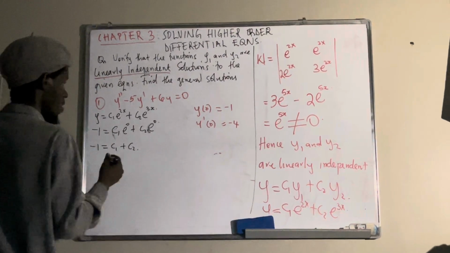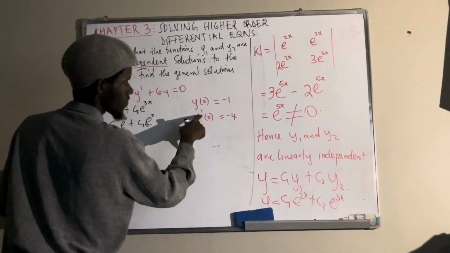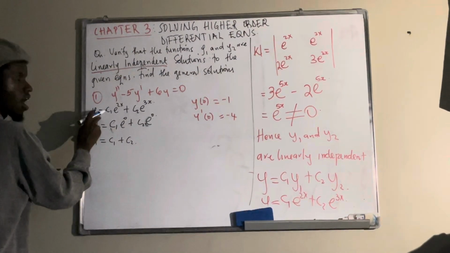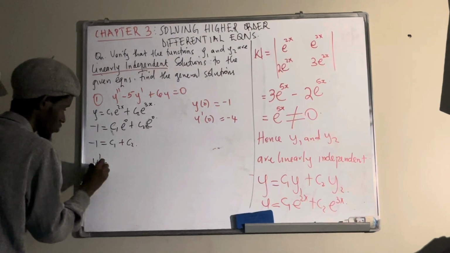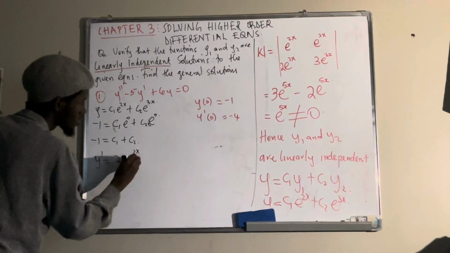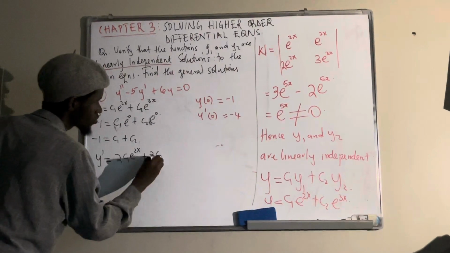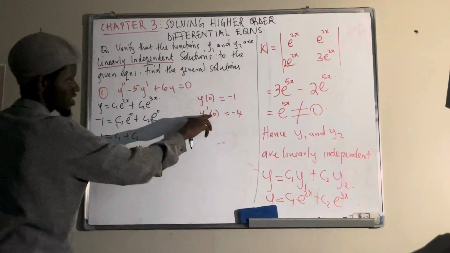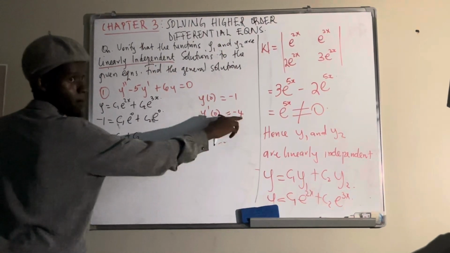But they're saying now the first derivative at 0 is negative 4. Then if I differentiate this y, the first derivative is going to be 2C1 e power 2x plus 3C2 e power 3x. Then if I put 0 there, when x is 0, my derivative is going to be negative 4.